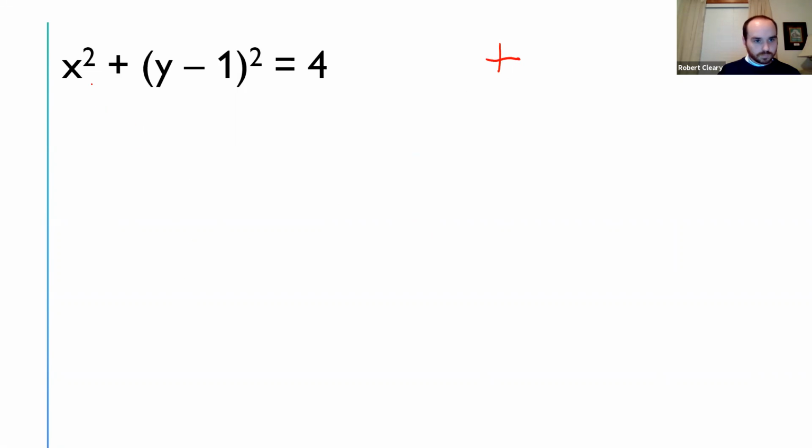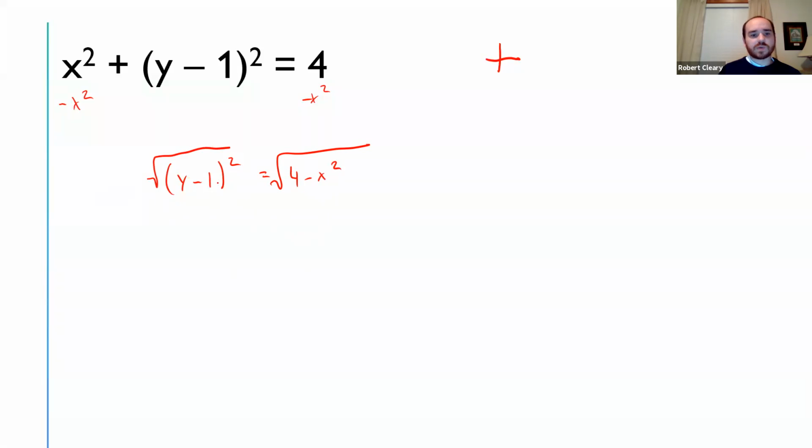So first thing we want to do is try to solve for y. We're going to subtract our x squared from both sides. We get y minus 1 squared equals 4 minus x squared. Next thing we want to do is take the square root of both sides because we have to get rid of this whole squared.